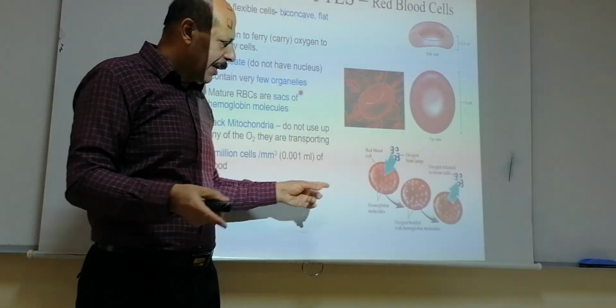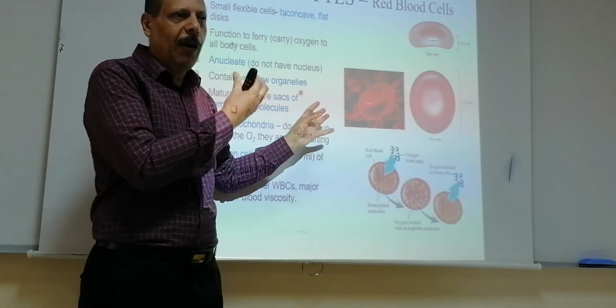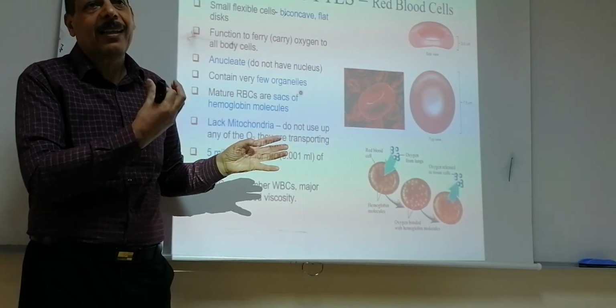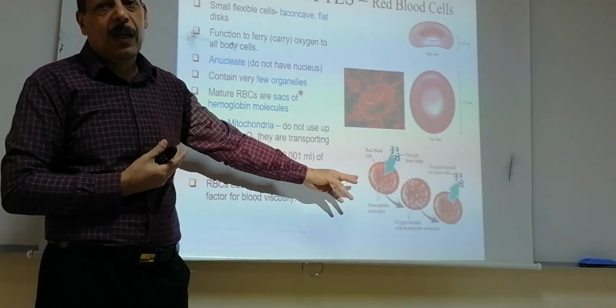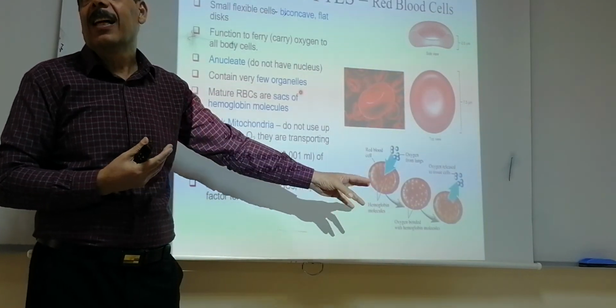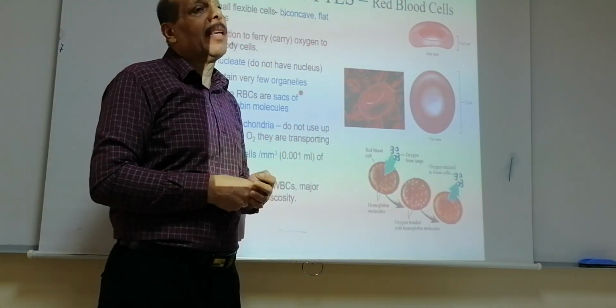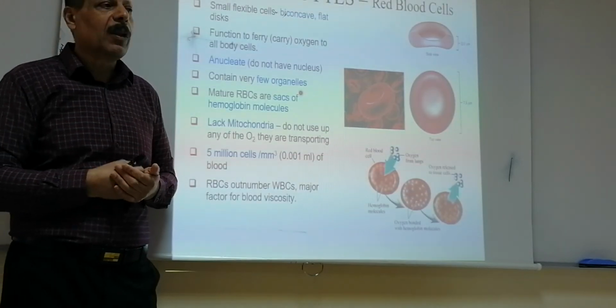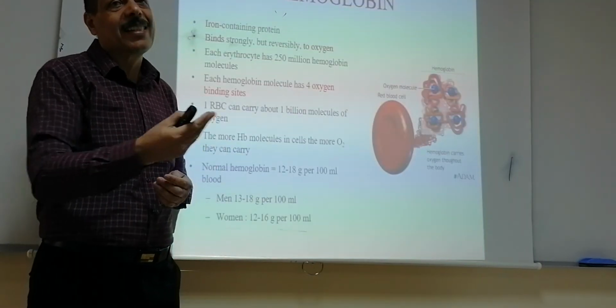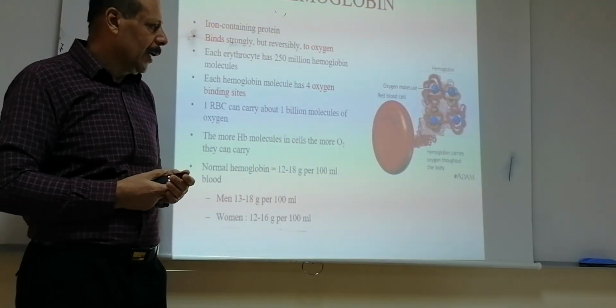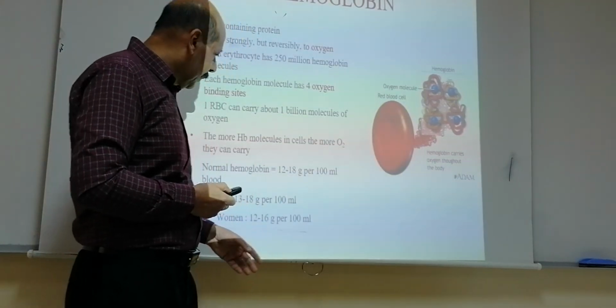So we will come again to this portion: how the oxygen is taken, how it is linked with the red blood cells, and after that how it can be released from the red blood cells to the body.